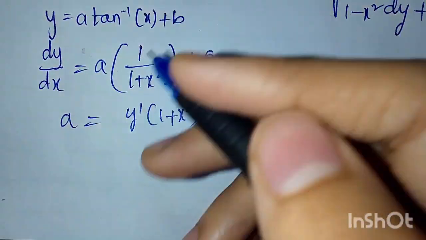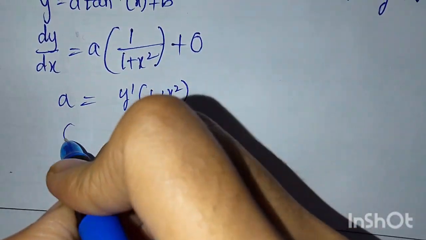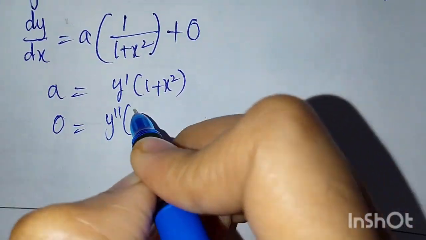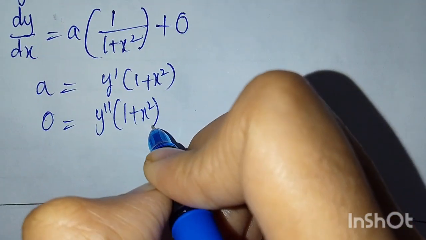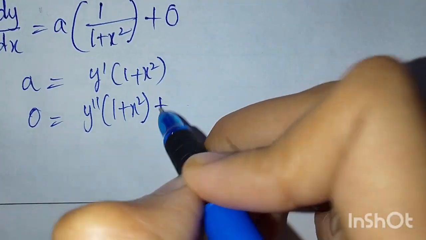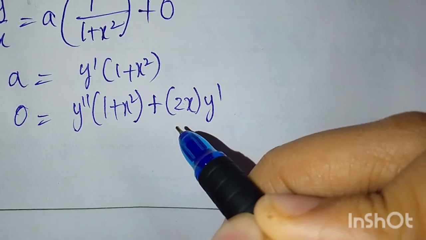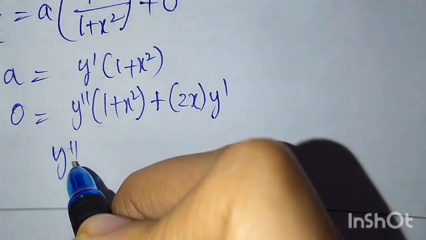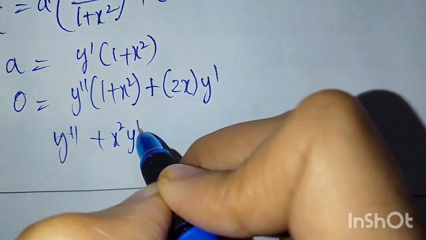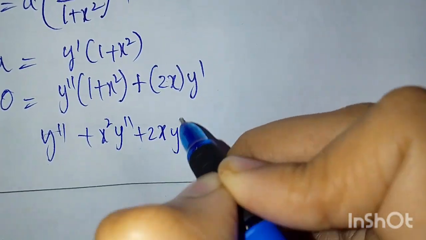So 0, this will be y double dash into 1 plus x square, uv formula, plus 1 plus x square differentiation is 2x into y dash. So y double dash plus x square y double dash plus 2xy dash is equal to 0 is your differential equation.